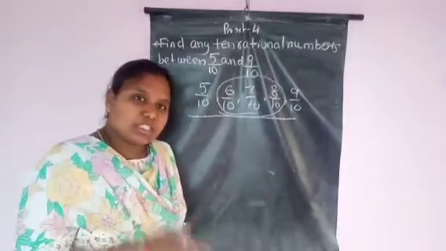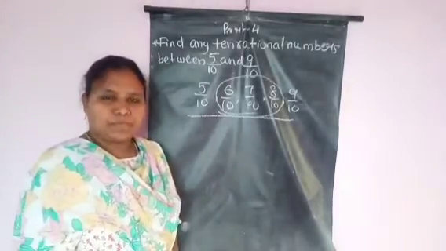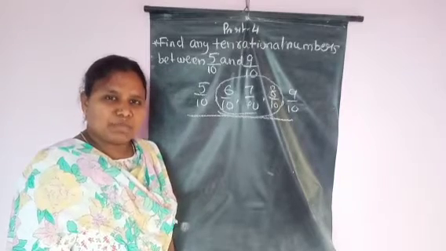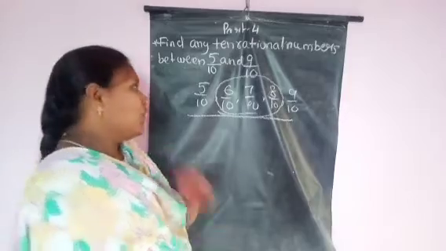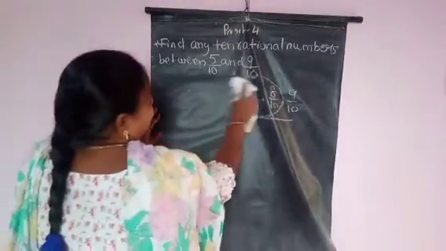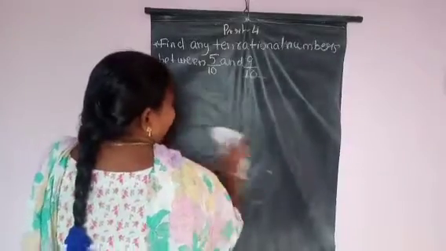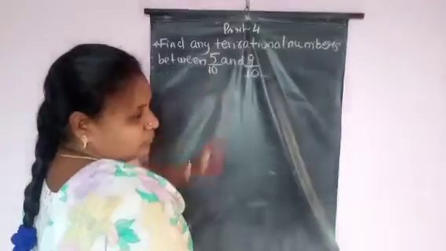If the question is given, find 100 rational numbers, how can we solve these? So, let us consider this 5 by 10 and 9 by 10 by writing equivalent fractions for these both.